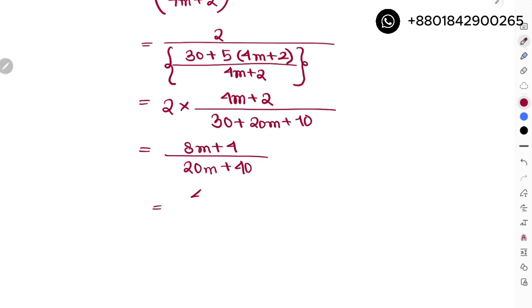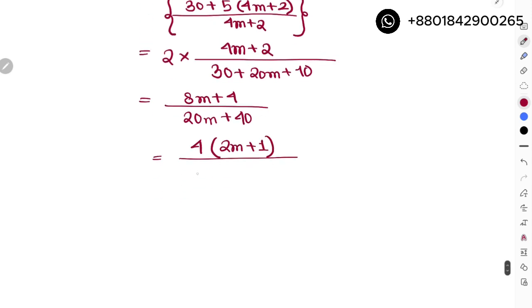Not only 2, I can take 4 common from the numerator. It will be 2m plus 1, and from the denominator I can take again how much? If I take 4 common, it will be 20 by 4 is just 5, and that's going to be 10, right? If I take 4 common, it will be 5m plus 10.